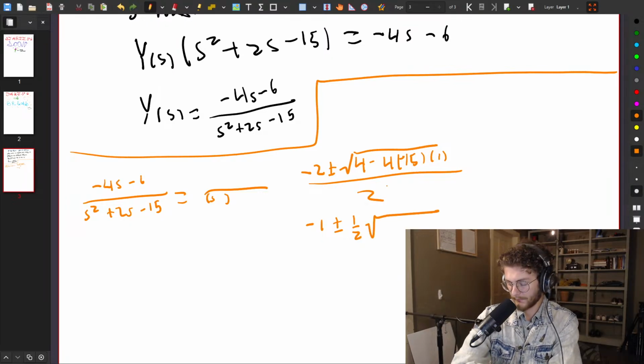So that is 15 times 4 is 60. So that is 4 plus 60. So that's the square root of 64. So that's plus 1/2 of 8. So that's going to be 5. And so it's a negative 1. So yeah, 5 and 7.